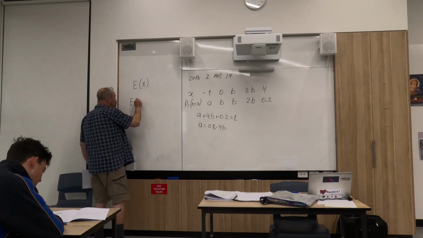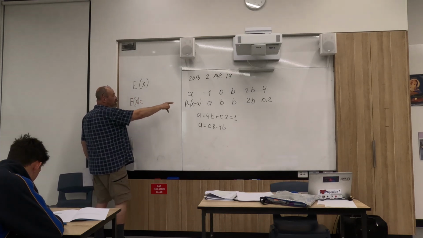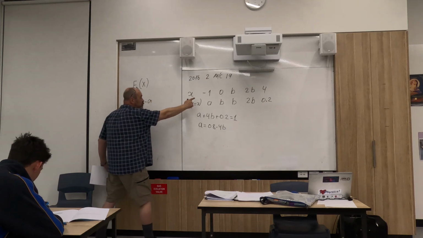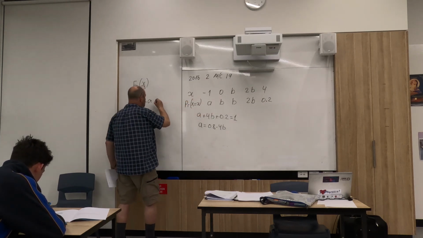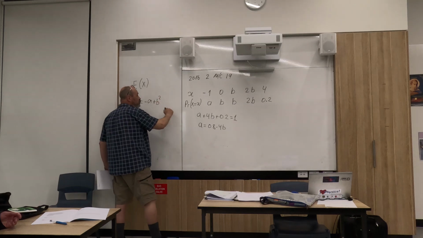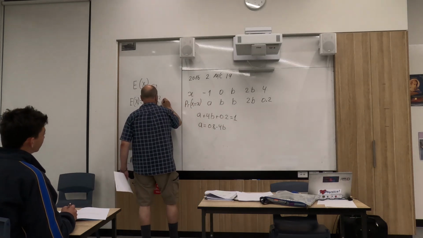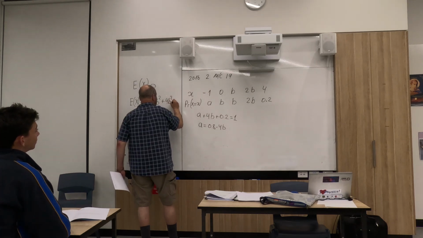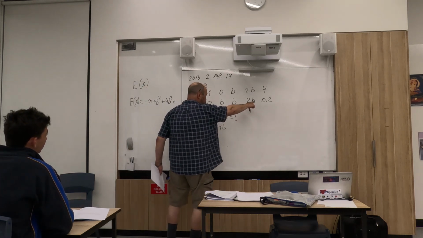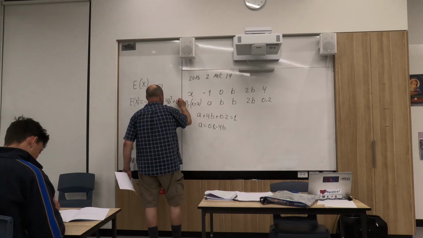Then let's find the expected value. The expected value is minus A, 0 plus B squared, plus 4B squared, plus 0.8.